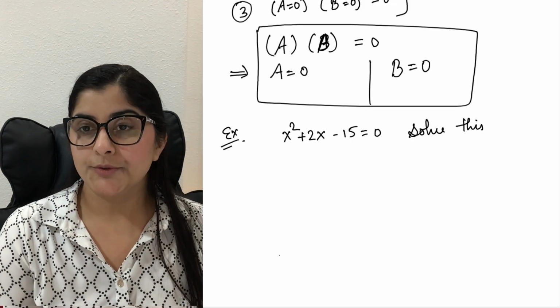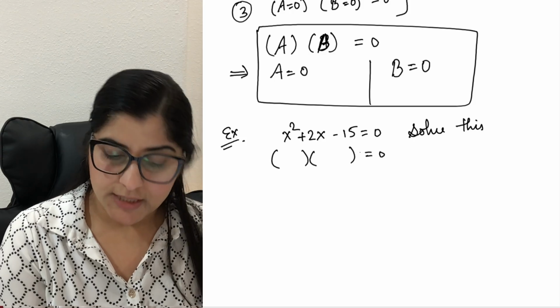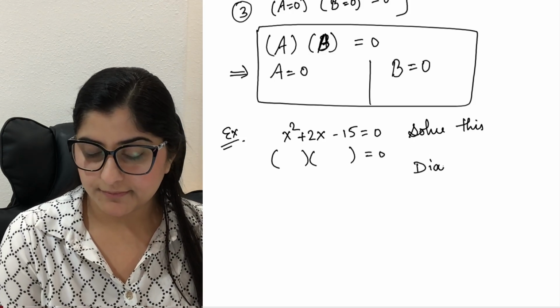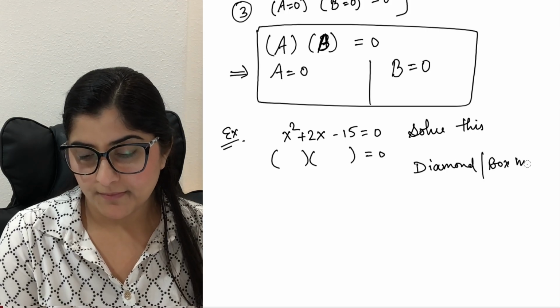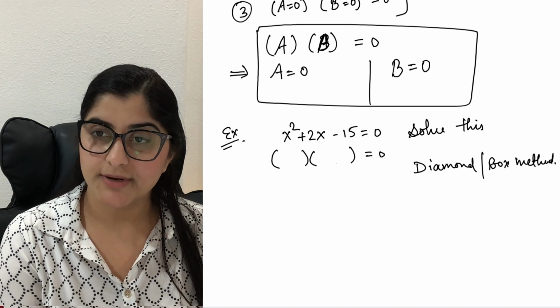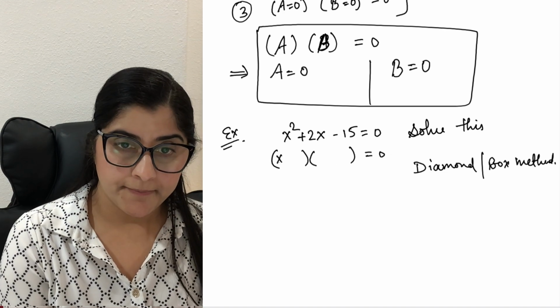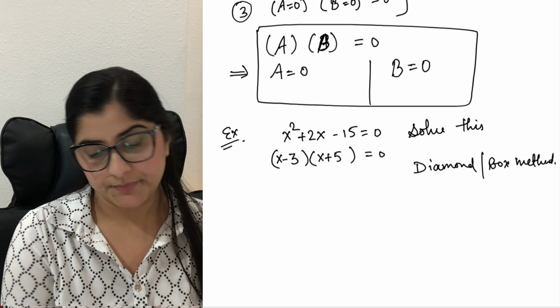What we will do is find factors of this quadratic equation. We will use the diamond and box method to find the factors of this quadratic expression, and the right hand side is 0. So it will be x minus 3 and x plus 5.